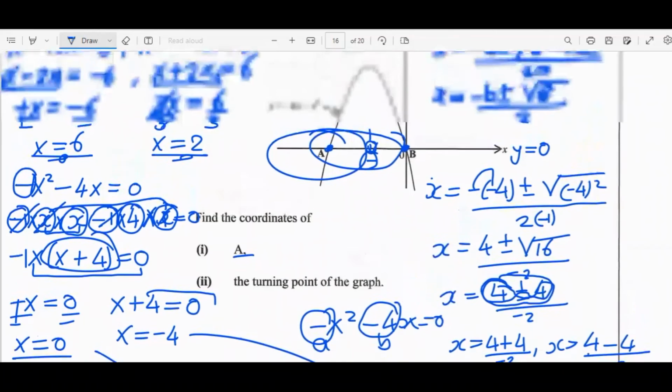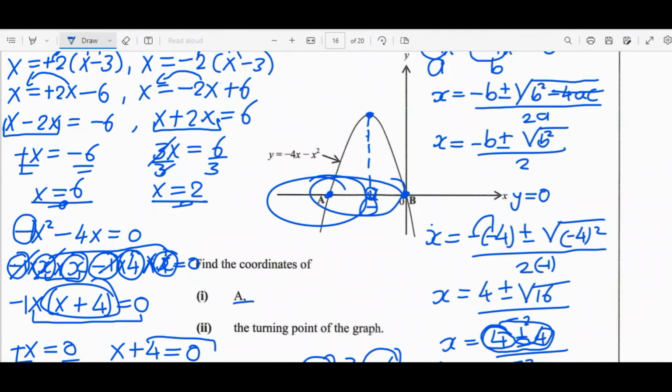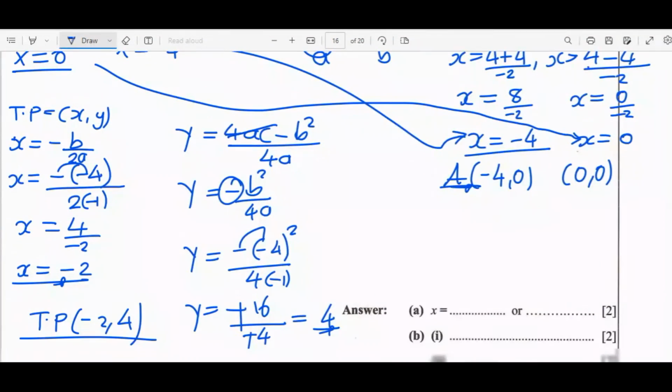At this point, if you go in the y-axis here, it's making sense because we have gotten a positive value, which is 4. Now, if you don't want to use this formula, you can also use this. You have an equation, y is equal to -x squared minus 4x.